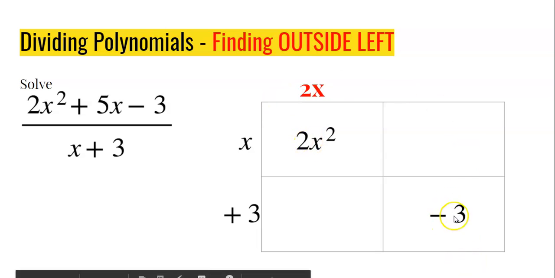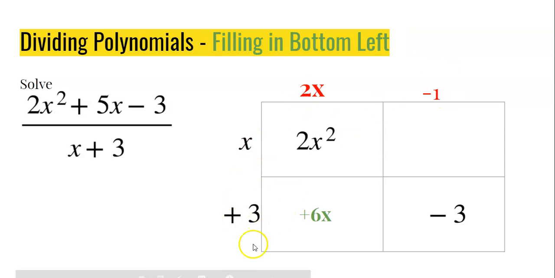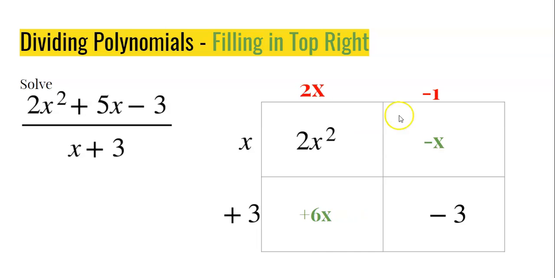Next, you ask yourself, okay, well, what do I multiply this by to get negative 3? So I know 3 times negative 1 is going to give you negative 3. I found my binomial, but I want to check. 2x times 3 is going to give you 6x. Negative 1 times x is going to give you negative x.